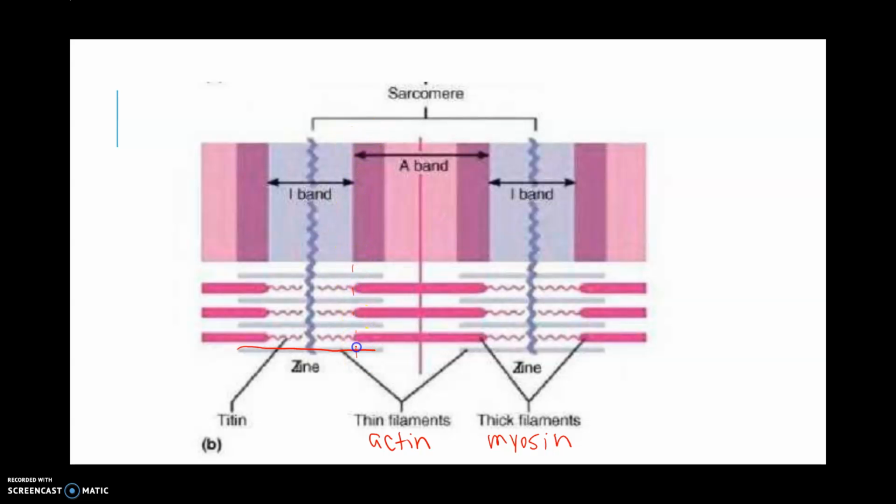So let's bring this down. Nice overlap here. So the overlap between our actin and our myosin is what makes up that A band, which is going to be important when we talk about the actual contraction of muscles. But it's important to realize all of these different components before we even get to that contraction portion here.